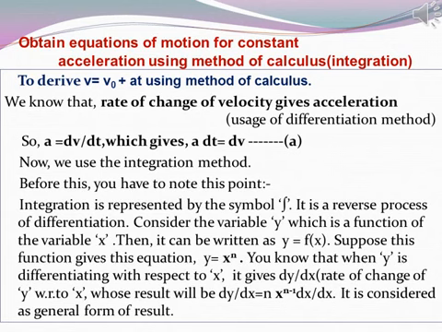You know that when y is differentiated with respect to x, it gives dy/dx, that is rate of change of y with respect to x, whose result will be dy/dx = n x^(n-1) dx/dx. Since dx/dx is equal to 1, it will be dy/dx = n x^(n-1). It is considered as general form of result by the differentiation.